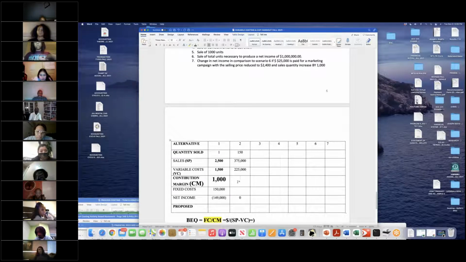What do we get? 150,000. And that's our fixed cost of what? 150,000. So we need to sell 150 computers to break even.